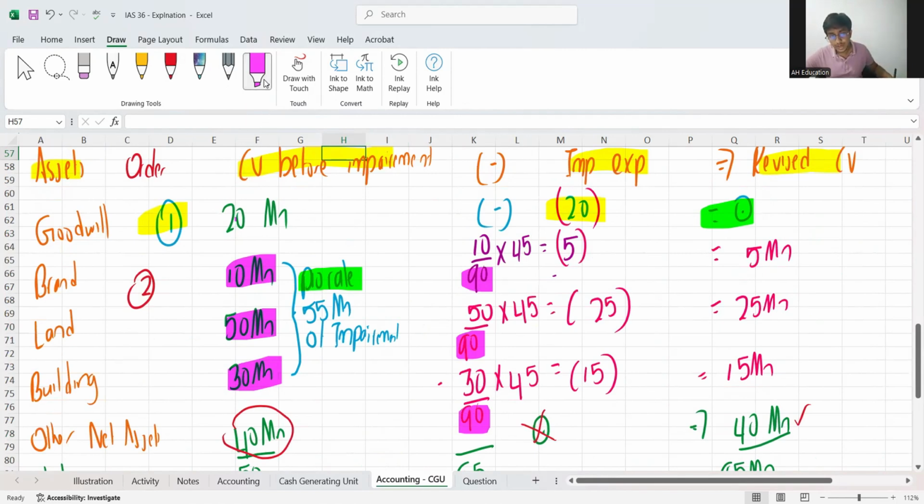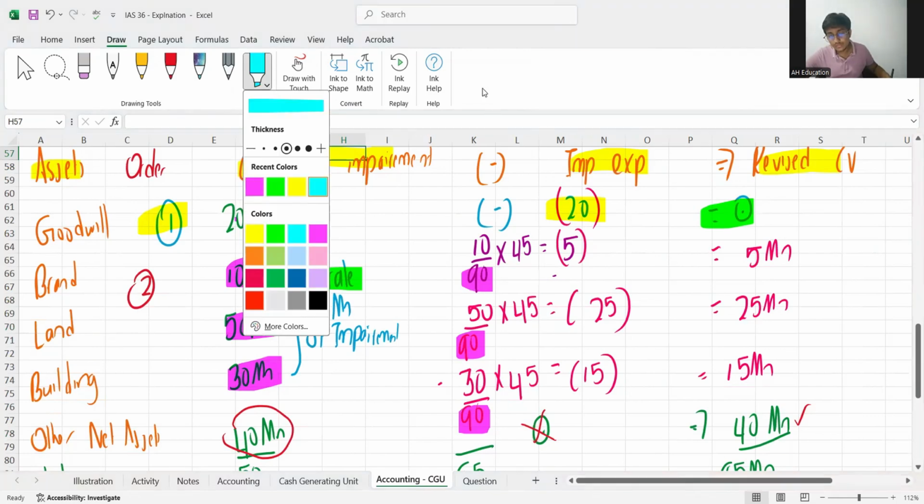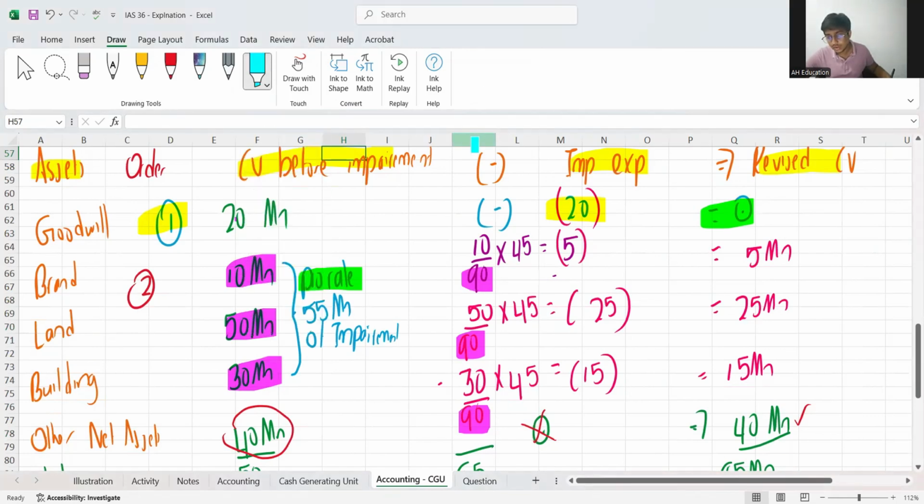And what is the balance you have in terms of impairment? You only have 45, right? So based on each asset's carrying value, you need to prorate it. For example, this asset's carrying value is 10 million, so 10 million divided by the total remaining assets, which is 90, into 45. You'll come up with a figure of 5 million.